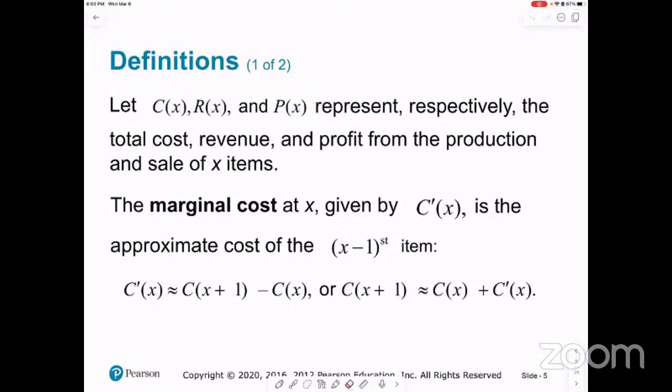So then the cost to produce like the 27th item or something like that, like one before the 27th item. So the marginal cost is going to be what? C prime of x is approximately C of x plus 1 minus C of x. And then if we were to solve for C of x plus 1, we would get that's approximately equal to C of x plus C prime of x.